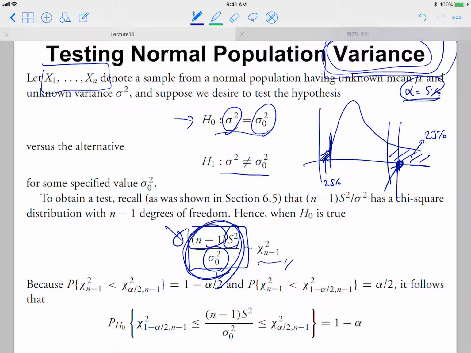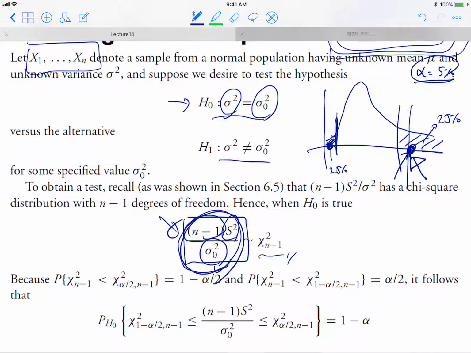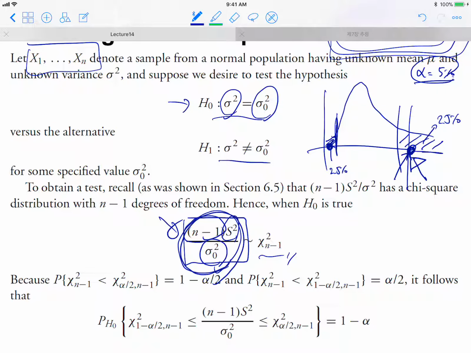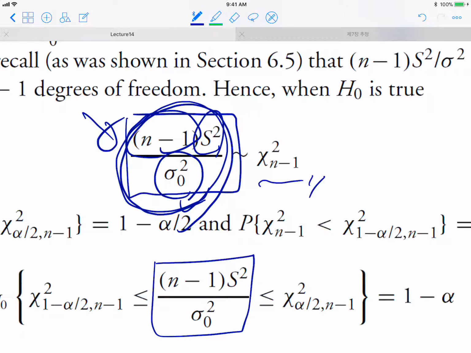If our statistic falls into this rejection region, like this value or somewhere around it, that's when we reject the null hypothesis. And the acceptance region will be where the statistic lies between these two values, and that probability will be 95%.